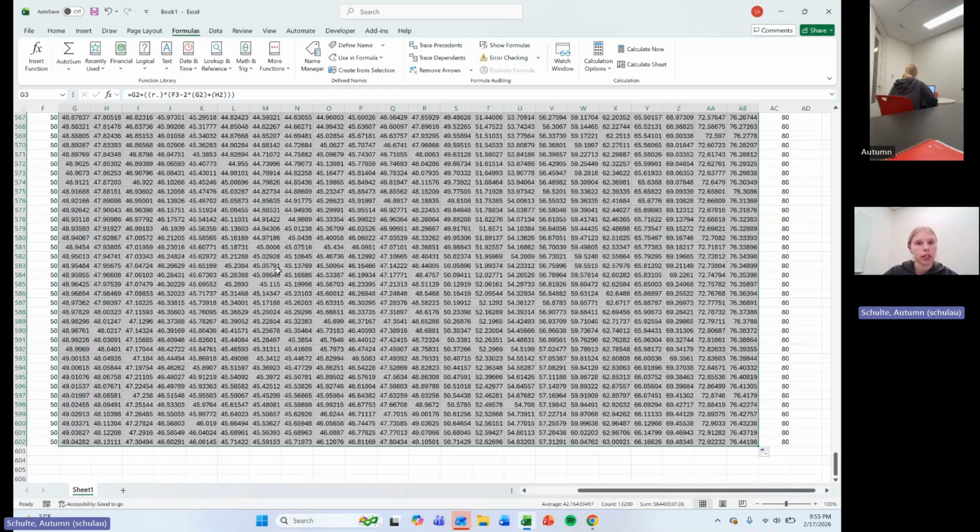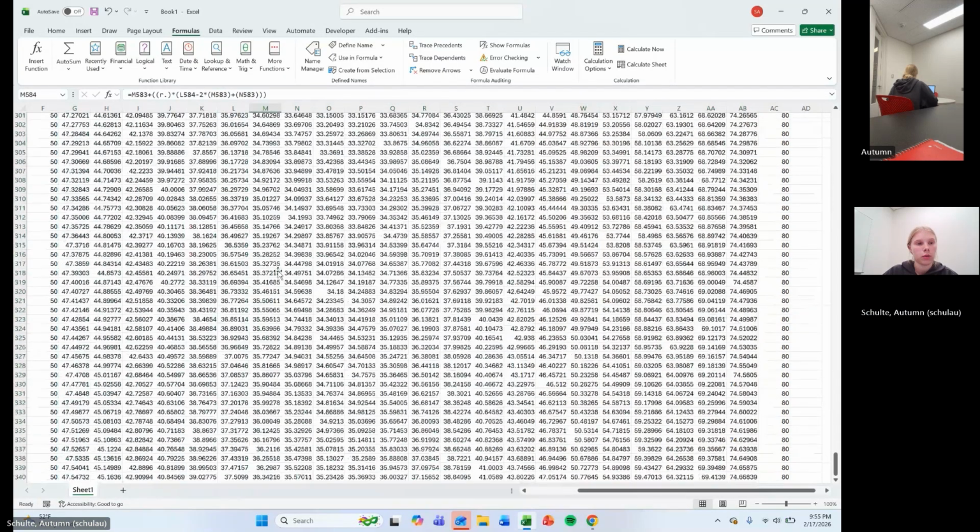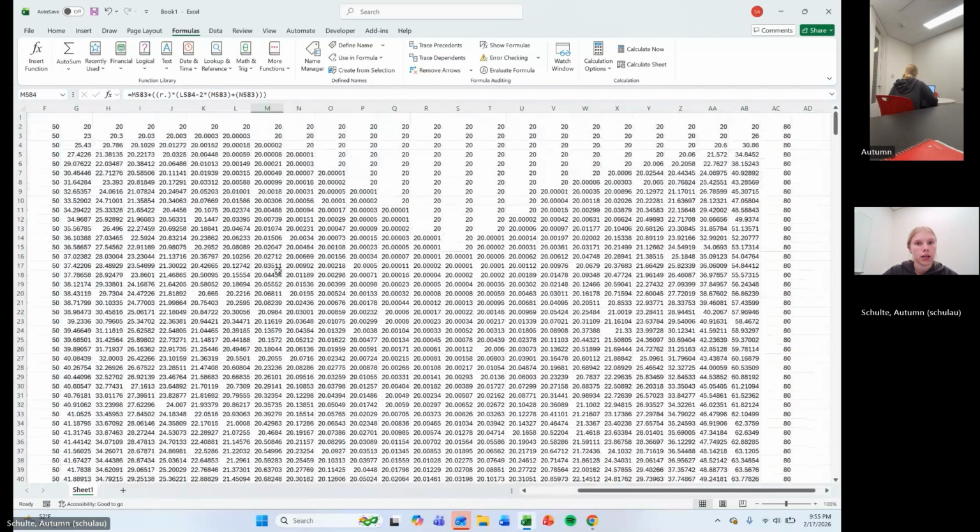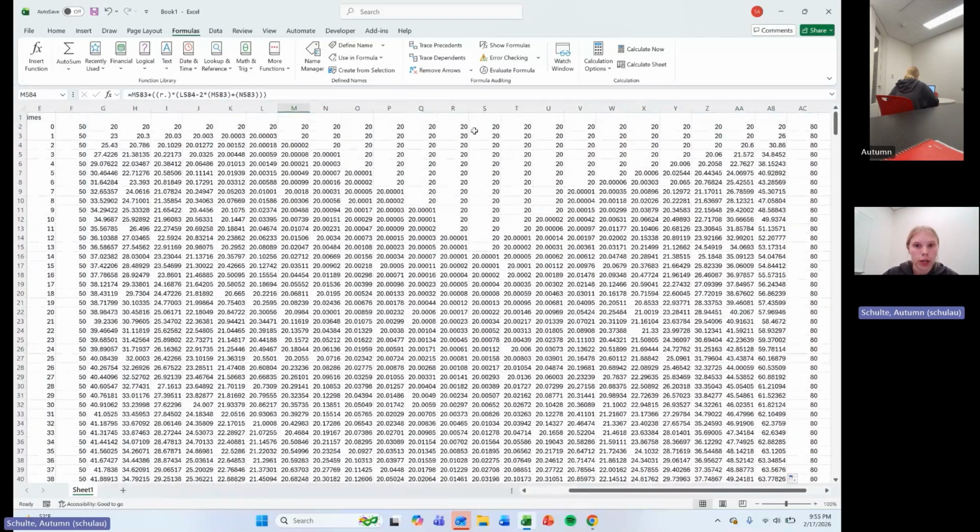Okay, now scrolling up, we can see this point where the middle of our rod finally starts to change temperature. So those temperatures start slowly creeping in, and finally the middle of our rod is experiencing a change in temperature.